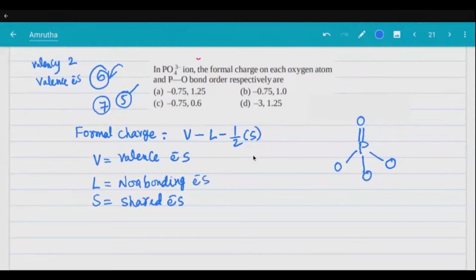See, this is the way to write structure of molecules. First, decide the central atom. How do we decide the central atom? Sir, we have two atoms, phosphorus and oxygen. Why have you not written oxygen in the center? Because of a very simple trick. The element with maximum valency is the central atom.